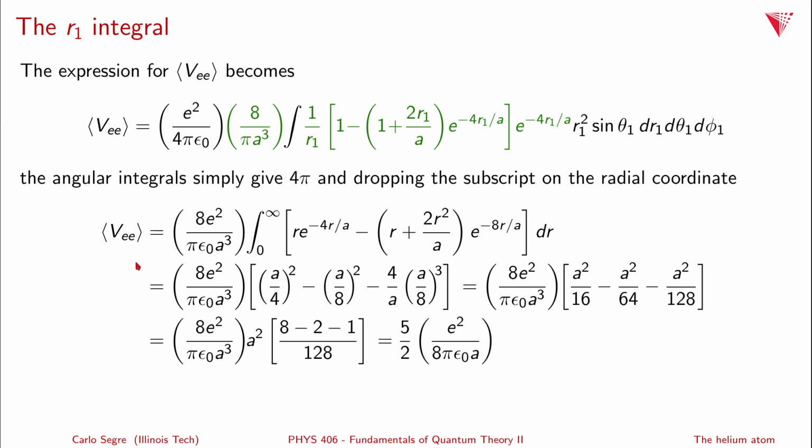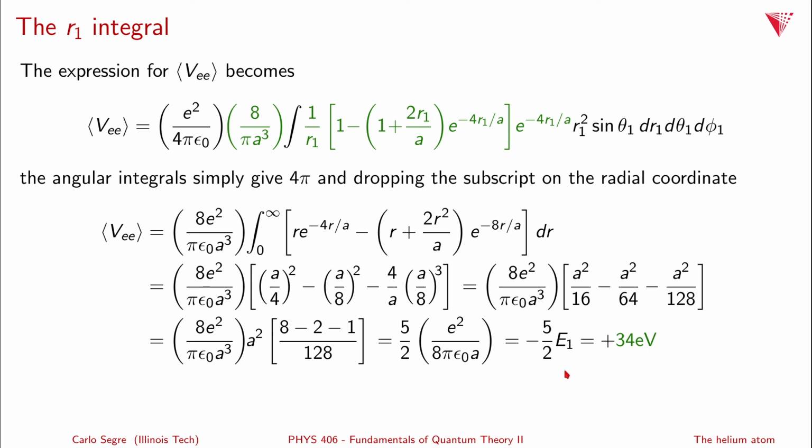So this is now the value for v sub EE, the expectation value for v sub EE. There are no free parameters here because a is the Bohr radius. This is exactly the energy of the ground state of the hydrogen atom with a minus sign. This becomes minus 5 halves E1, which is plus 34 volts.